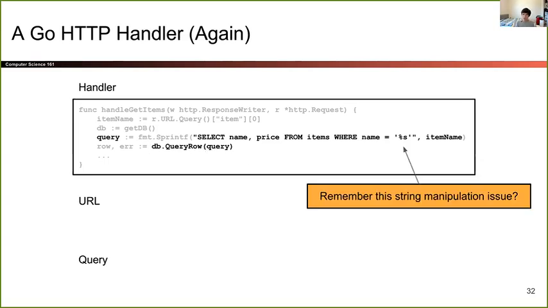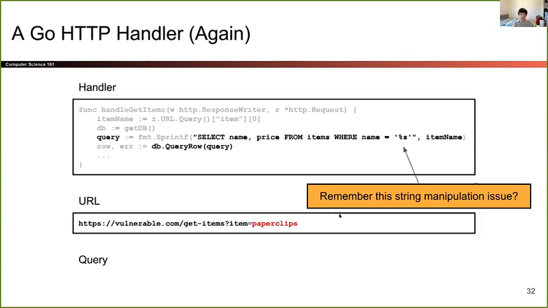You might have noticed we have this same string manipulation issue. When we were dealing with XSS, we had vulnerabilities because we were inserting text into an HTML template as data or as control, as HTML, and the attacker was able to exploit that by putting in malicious HTML. We have the same idea here, and you'll see how that manifests shortly.